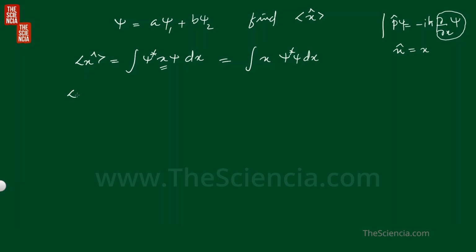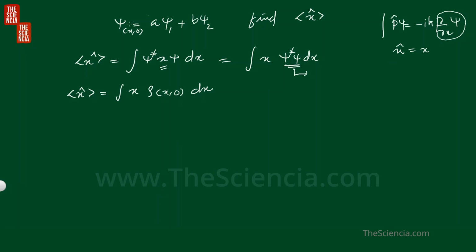That is, the expectation value of x is equal to the integral of x times psi star psi, which is nothing but the probability density, rho of x0, into dx. Here this wave function is at x and time t equal to 0, that is why we got rho of x0.